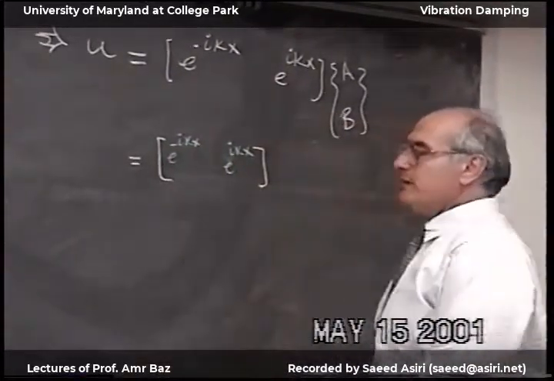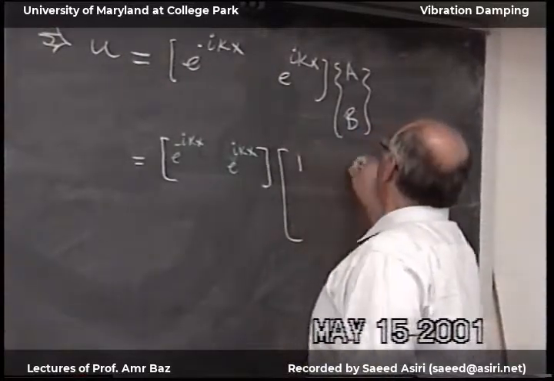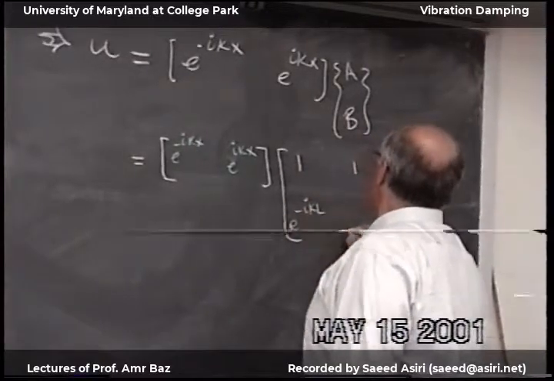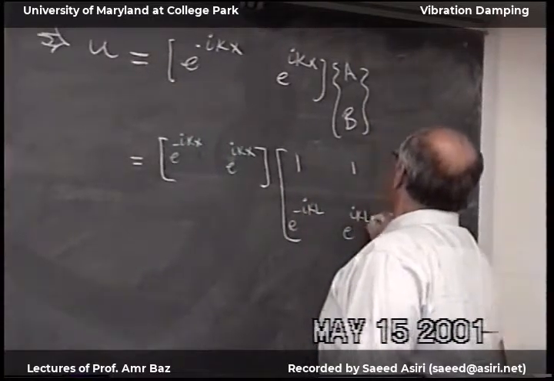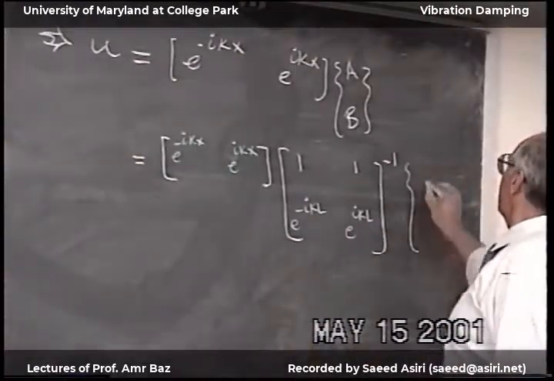The A and B will be the inverse of this matrix, times u1 and u2.